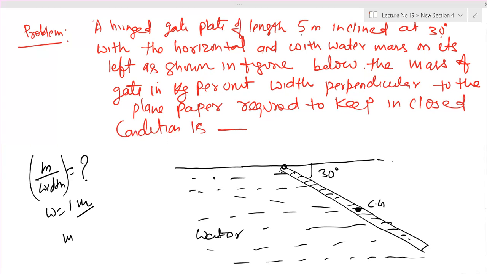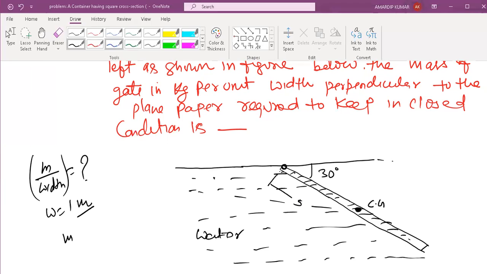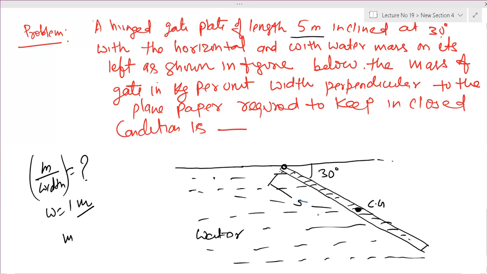And the hinged plate is 5 meter, so the total length is 5 meter. Assume the thickness is 0, there is no use of thickness.